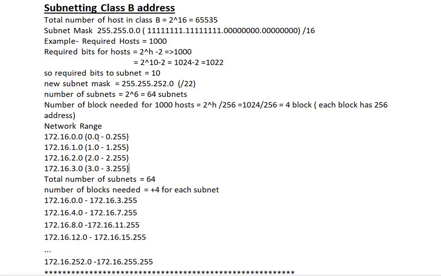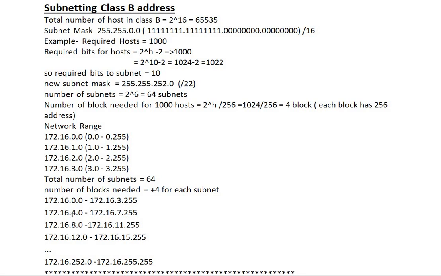So in the first network, the first block is 172.16.0.0 to 0.255, the second block 1.0 to 1.255, the third block 2.0 to 2.255, and the fourth block 3.0 to 3.255. So the network runs from 172.16.0.0 to 172.16.3.255. One network is using 4 blocks, 0 to 3.